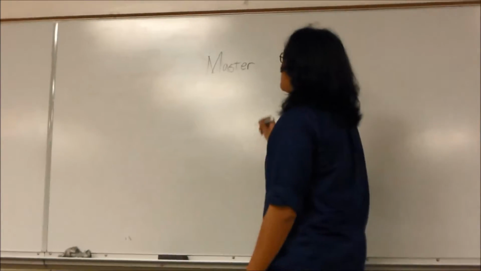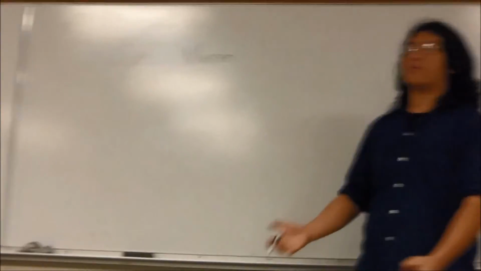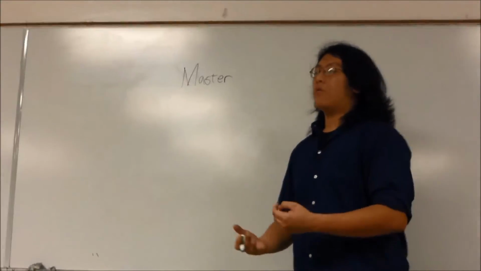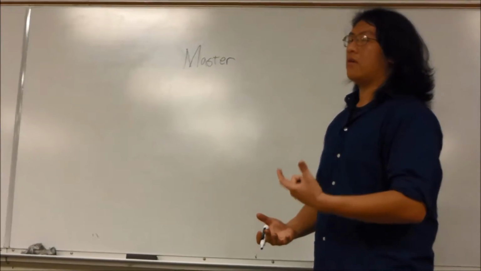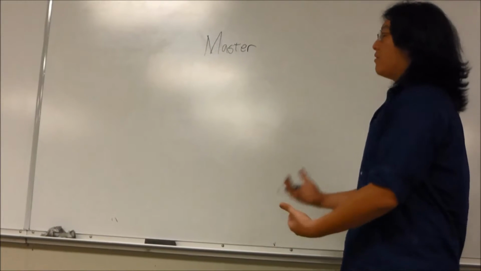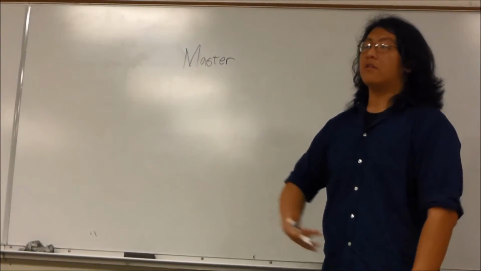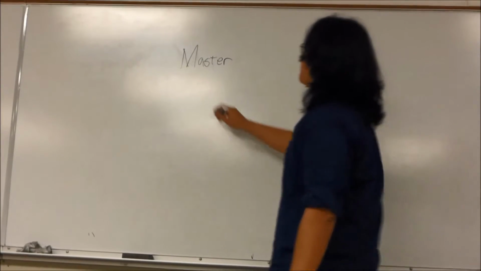What the master does is it makes everything on your system talk to each other. Whenever you establish a node on your system, I'll go over what that means later, what it needs to do is ask the master for everything that it needs to know about the rest of the system.